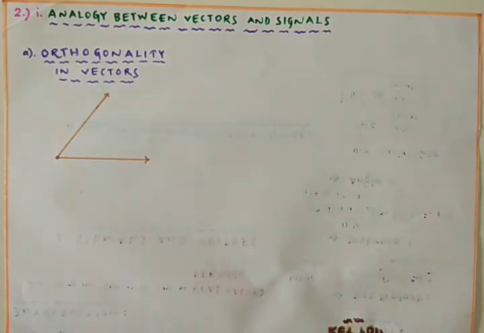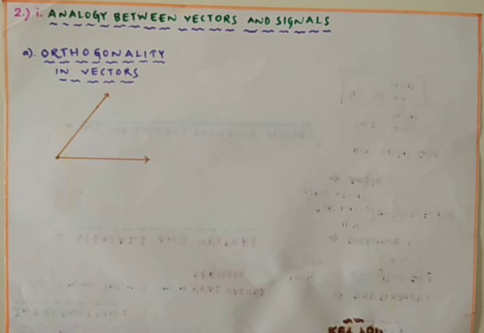Two vectors are said to be orthogonal to each other if their dot product is 0.